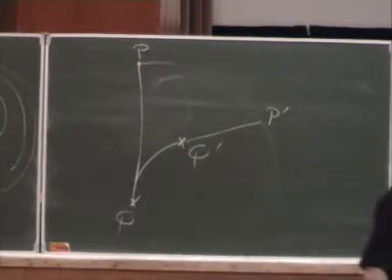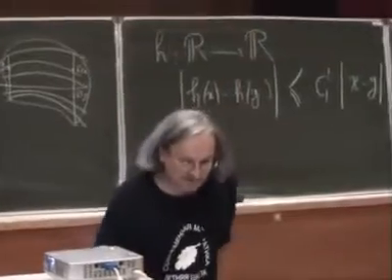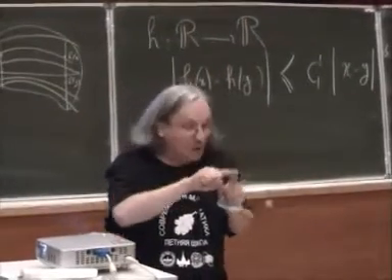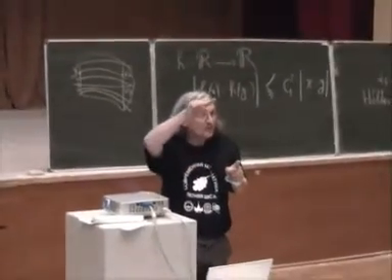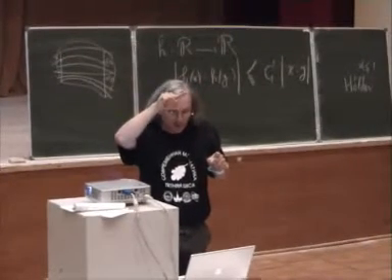This is the mechanical definition of the center of curvature. Now you just write the equation that the length of the string, which is QP, is equal to the length of the curve QQ prime plus the length of the string Q prime P prime.